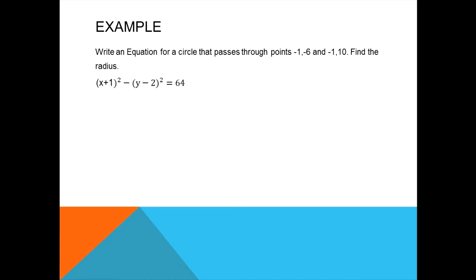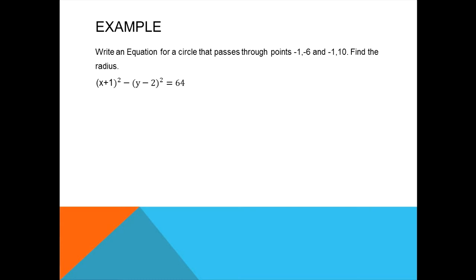We had to do a little bit of math to find this one. We obviously knew that the x had to be -1, so we plugged that one in already. Now for the y, we had to find the midpoint of -6 and 10.